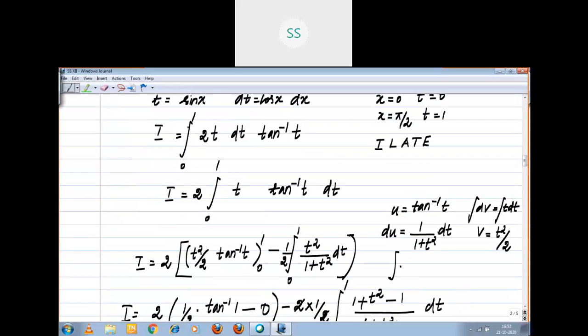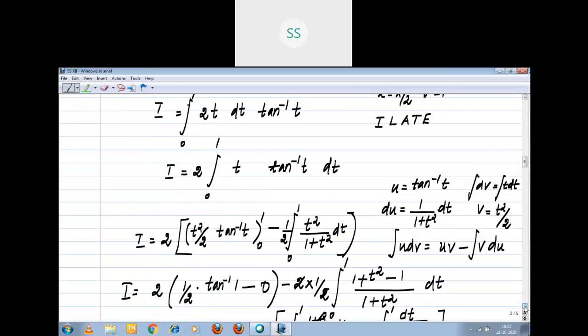Then 2 into the integration by parts formula, which you have to recall: integral u dv equal to uv minus integral v du. So uv, u is tan inverse t, v is t square by 2, from 0 to 1, minus 1 by 2 into t square divided by 1 plus t square dt, because here it is t square by 2, so I took the 2 out. The first portion has been integrated, so you apply the limit.